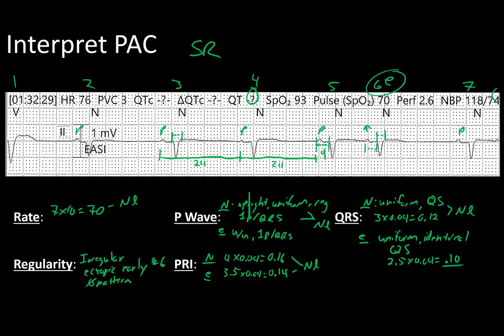And there you are, which is also normal. So all in all, that is just a normal sinus rhythm with an early normal beat, and so we call that a PAC.